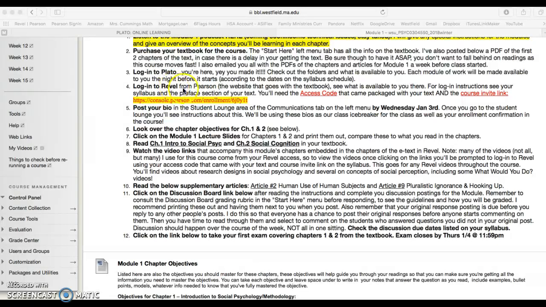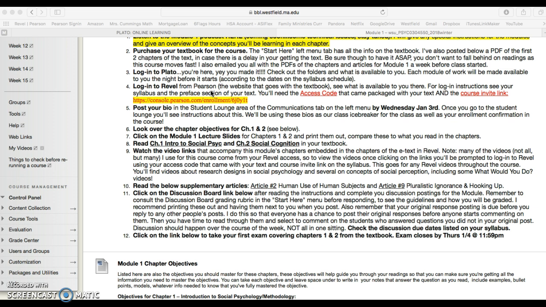Revel has 24/7 assistance on the PearsonHigherEd.com website, and you want to go there if you're having any trouble logging into Revel. It's saying that your access code doesn't work or something's wrong. I can't help you with that stuff. You have to contact Pearson, and they have help online all the time. So it's like a live virtual person that can help you work out that stuff.